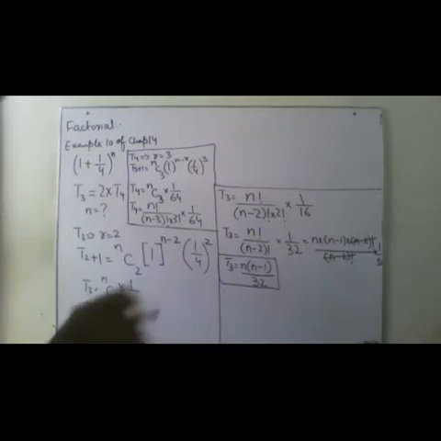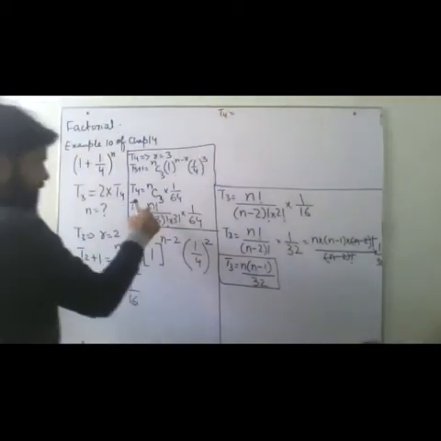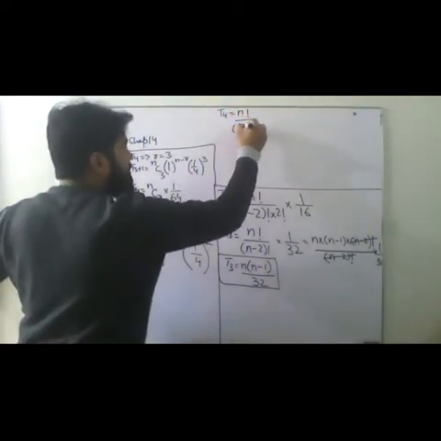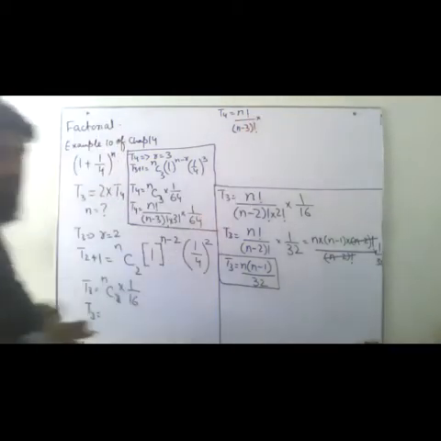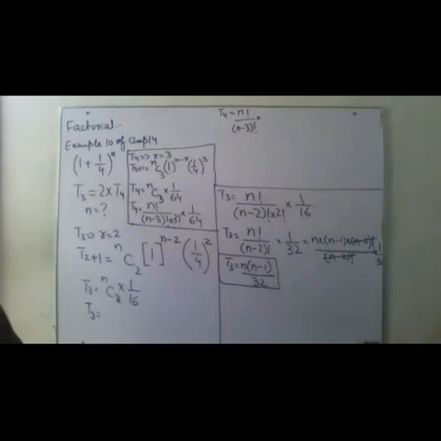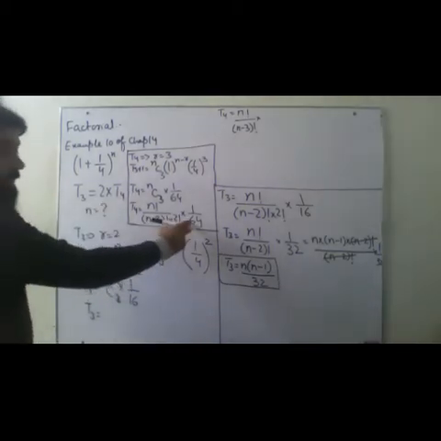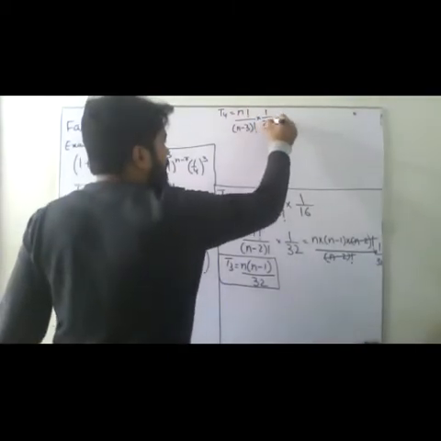Now shifting it over here, T4 equals n factorial over n minus 3 factorial into 3 factorial. 3 factorial will be 3 into 2 into 1, that will be 6. So when I multiply 6 with 64, the result is going to be 1 over 384.